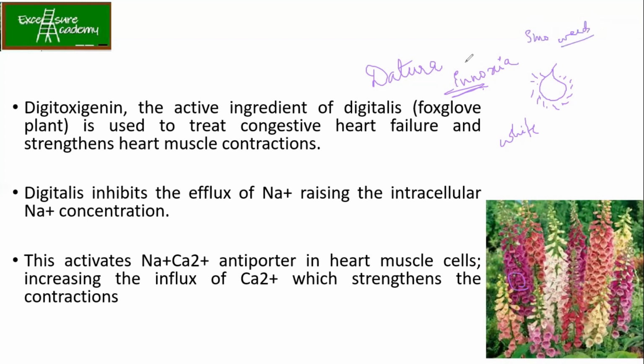Just understand that this is also used as a drug, like opium, heroin, hashish, ganja type का. ठीक है? So this is also that, but if you use it in a proper concentration, like minimum concentration, it acts as a medicine. ठीक है?